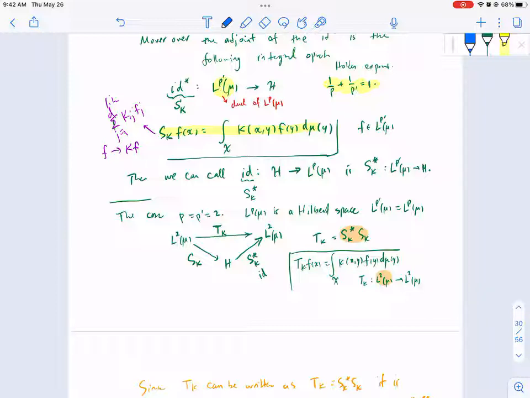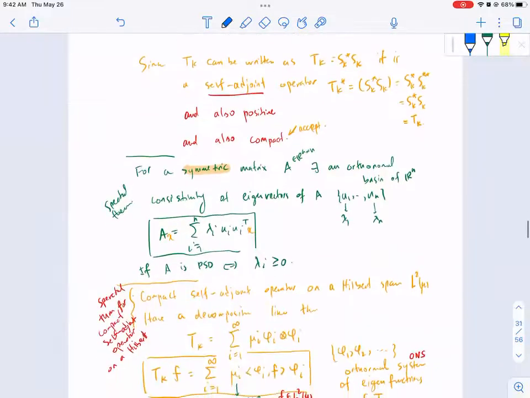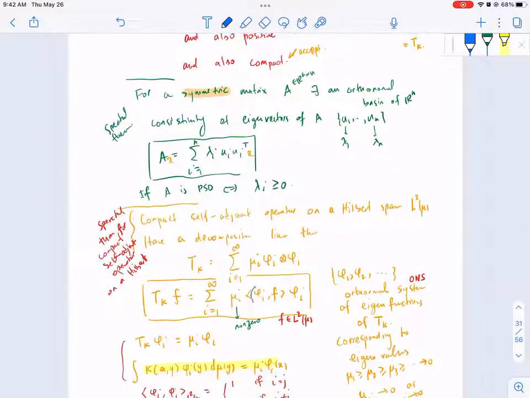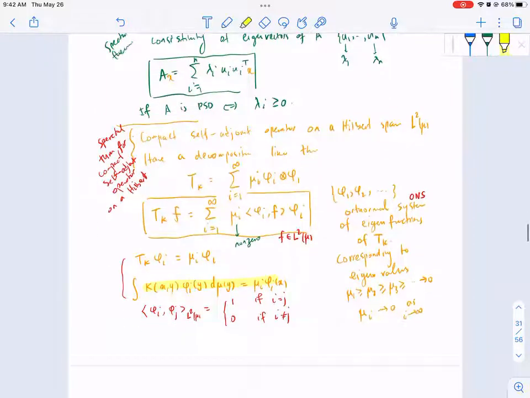So you have this kernel integral operator, and then you have a bunch of eigenfunctions, phi i's, and a collection of eigenvalues such that the kernel integral operator can be expressed like this. You express f in the phi basis, and the action of this operator is basically like a diagonal matrix in that basis. So you rescale these coefficients by mu i.